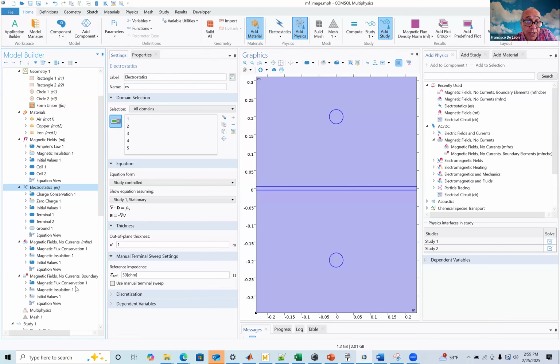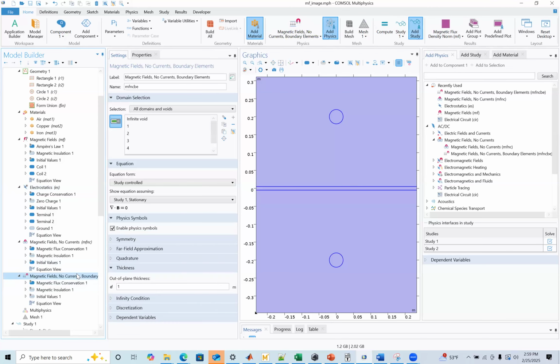Very good. And then there is another option, no currents, boundary elements. So these are two separate studies. No currents is for permanent magnets. I have not used these two. No, this is very good to know.